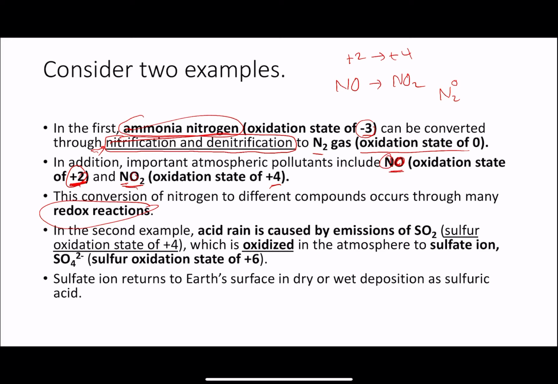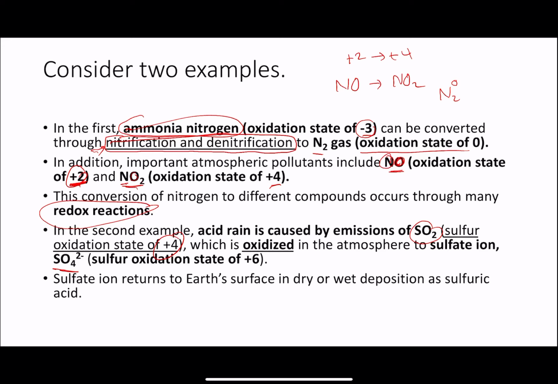Let's look at SO2, especially when there is acid rain. Acid rain is caused by the emission of SO2, where sulfur's oxidation state is plus 4. It will oxidize in the atmosphere to sulfate ion. And now the problem will start, SO4 and corrosion later on.